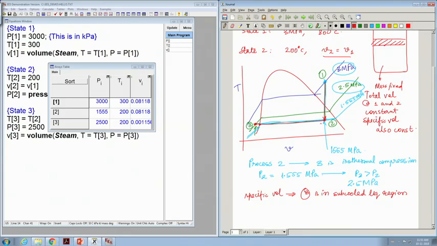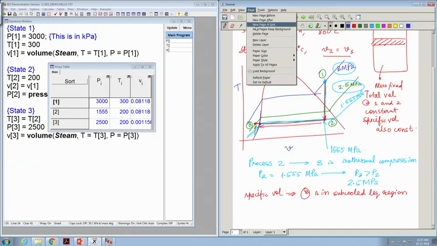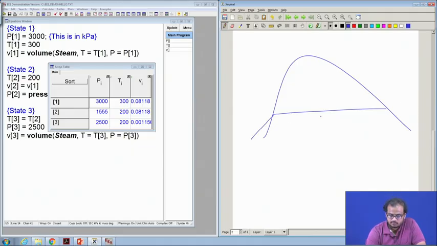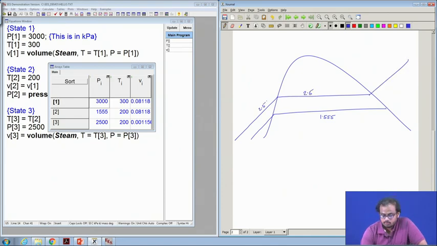So, up until we compress till the edge of the dome, so the edge of the dome is here, till this point the pressure also remains constant, because we know that in the dome, so suppose this line is 1.555 and this line is 2.5. We started somewhere over here.